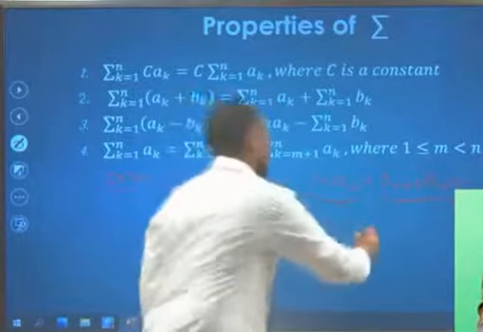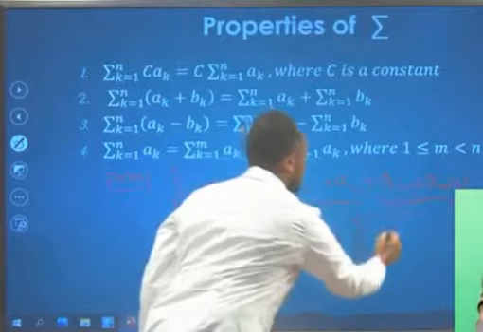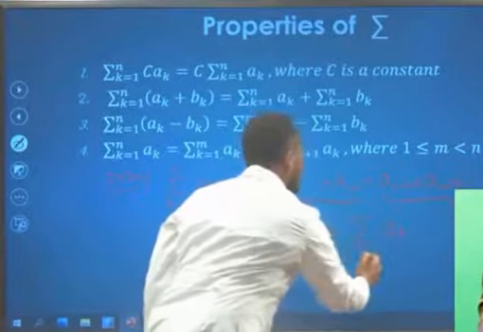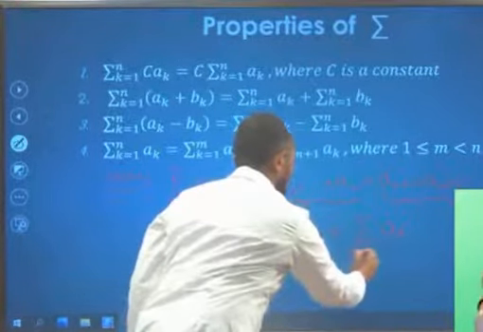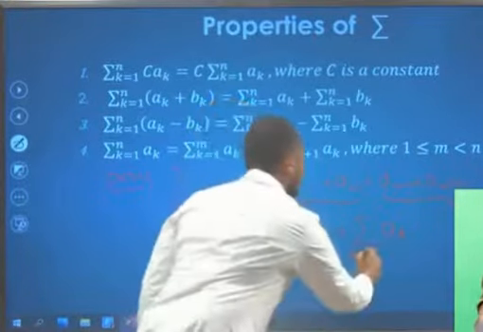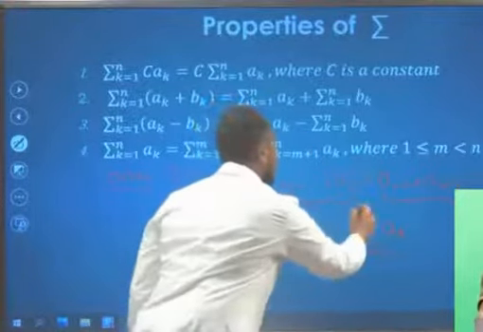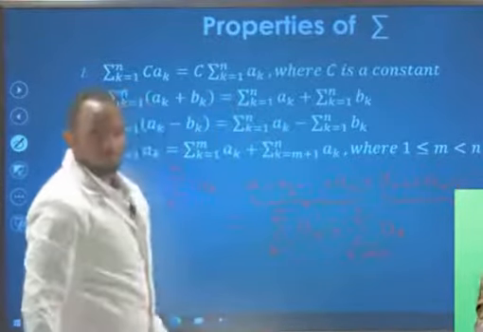So I can write this in this form: the summation of AK where K starts from m plus 1 to n. So this completes the proof.